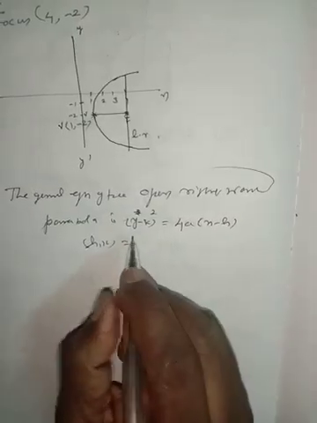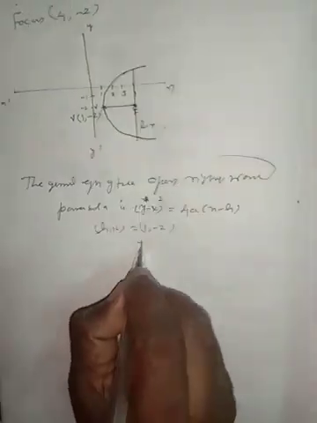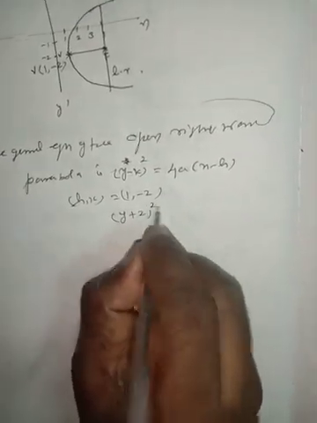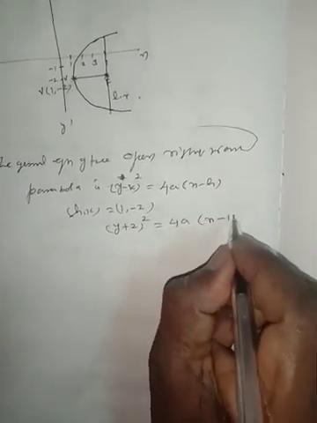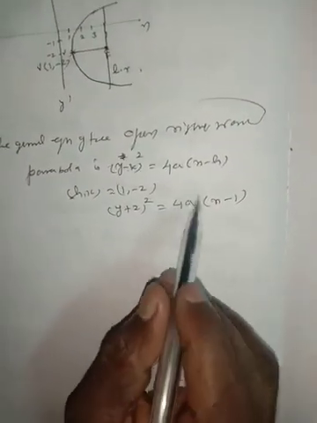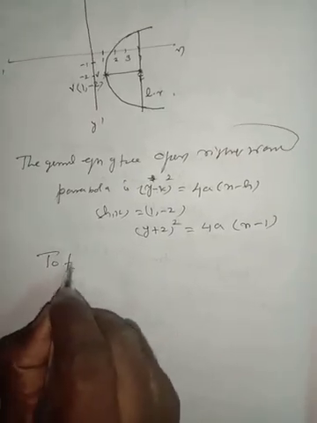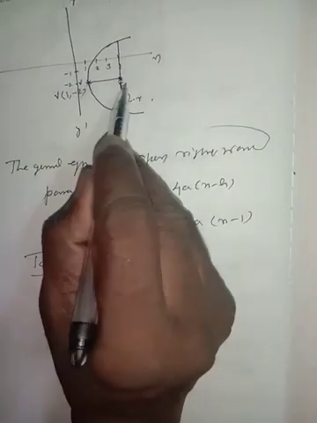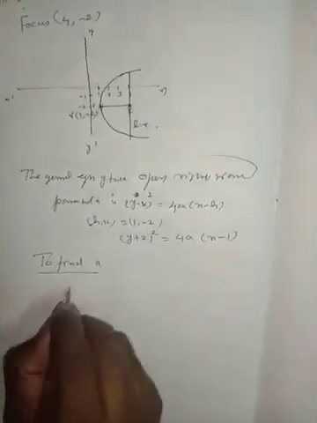H and k is equal to 1 comma minus 2. We get (y minus (minus 2)) whole square is equal to 4a into (x minus 1). Now to find a, a means the distance between vertex and focus, VF.